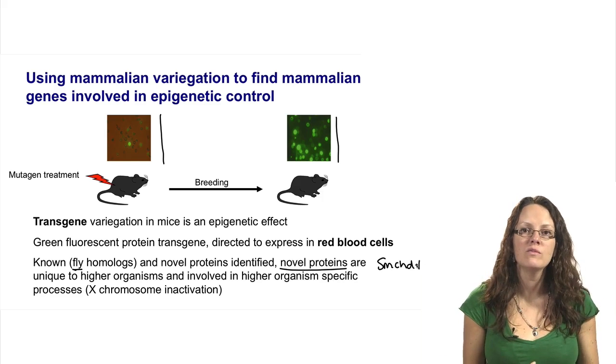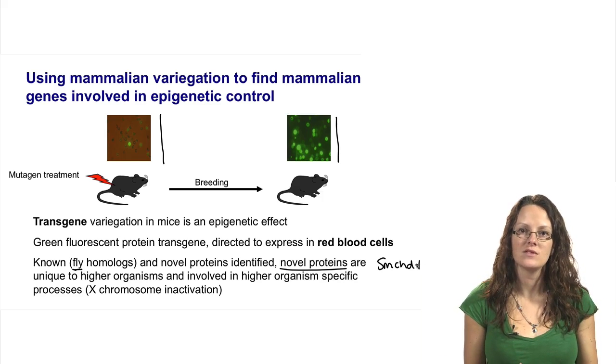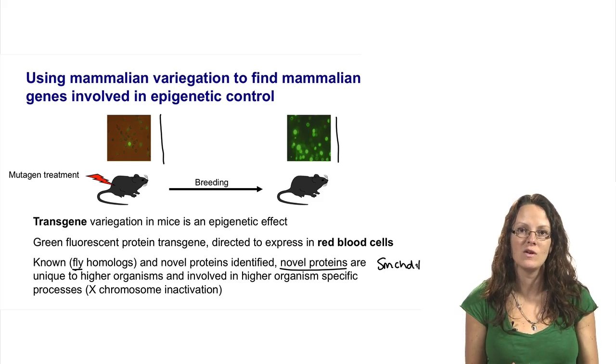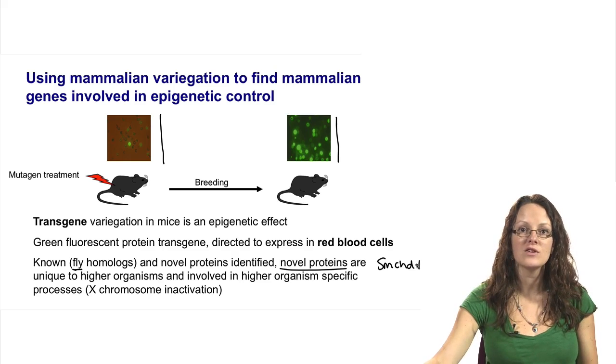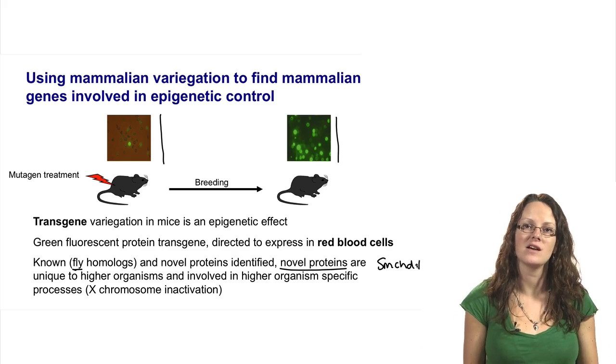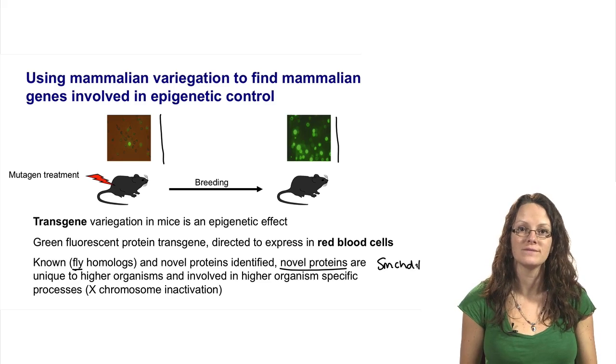These novel proteins are unique to higher organisms and are involved in epigenetic processes which only happen in higher organisms. As you remember, I mentioned SMCHD1 is important in exon activation. So through these screening approaches, using variegated expression, we can find novel genes that are important in epigenetic control and therefore deepen our understanding of how this exciting process occurs.